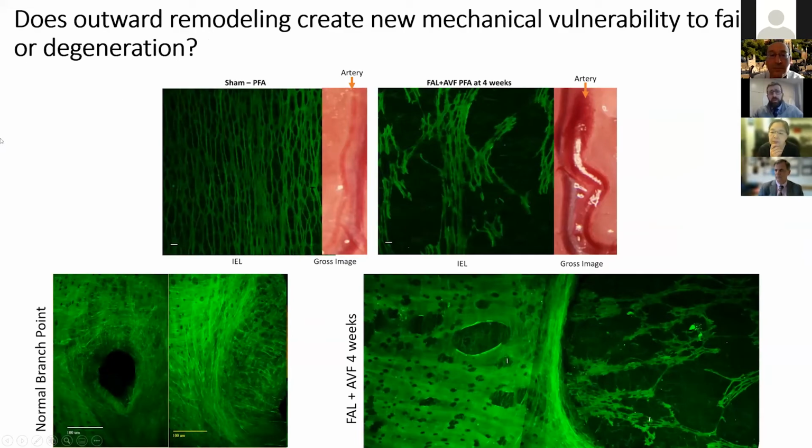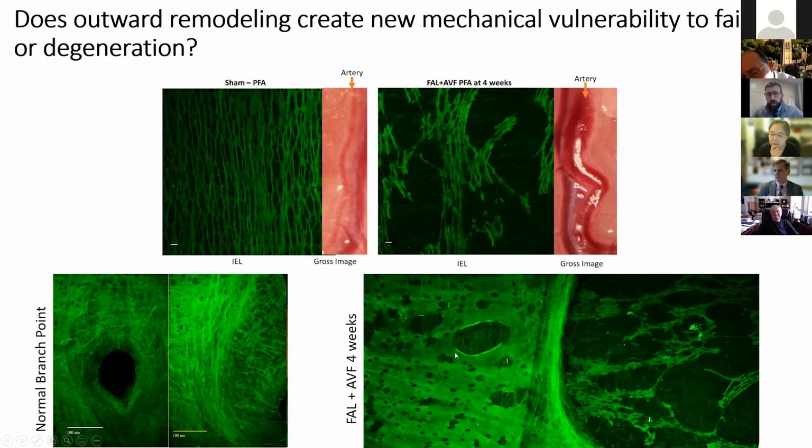So in looking at all this, one question that comes to my mind is, does this outward remodeling in arteriogenesis create a mechanical vulnerability to failure or other degeneration? So I want to call your attention to this image in the lower right, this transitional image from the parent artery, which in the rat is called the superficial epigastric artery, to the profunda.